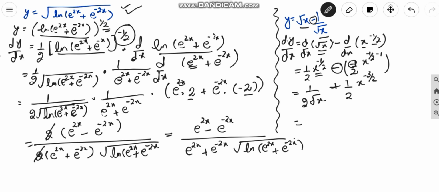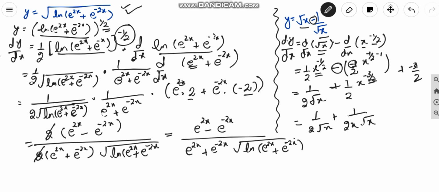Also you can write it as 1 by square root x plus 1 by 2x square root x. Because this power is 3 by 2, you can write it as minus 1 and minus 1 by 2.